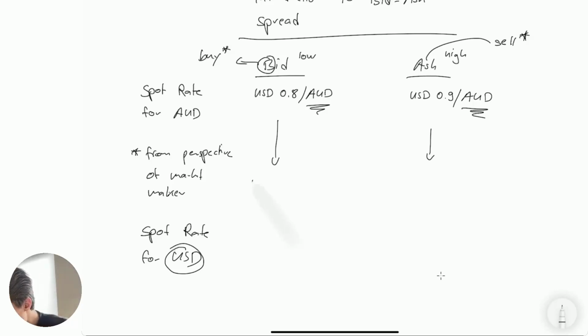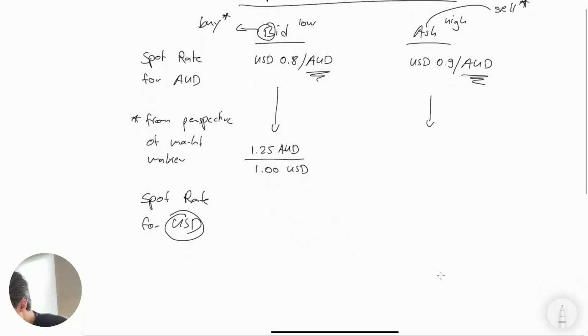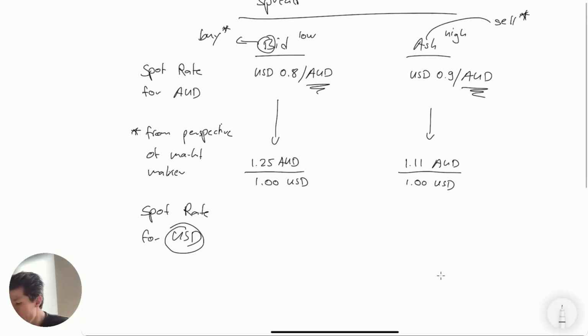We have done it earlier. So it's 1.25 AUD over 1 US dollar, and here it is 1.1 AUD over 1.00 US dollar. I've taken the inverse.